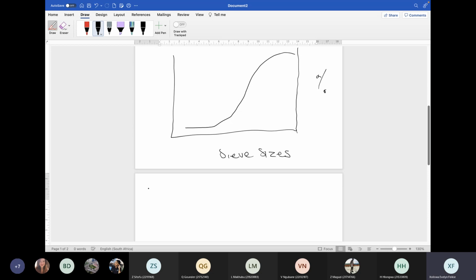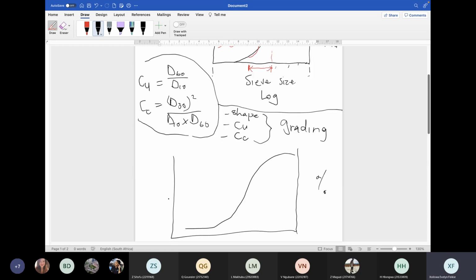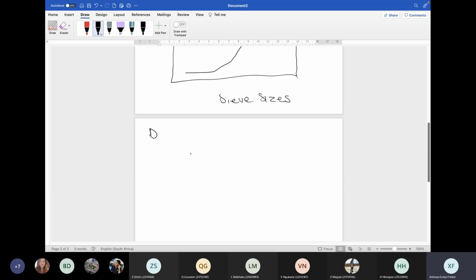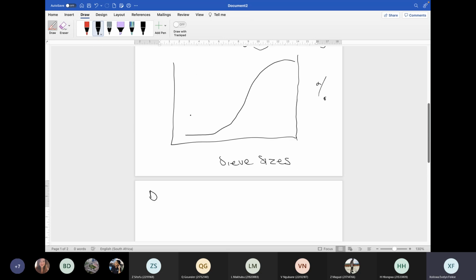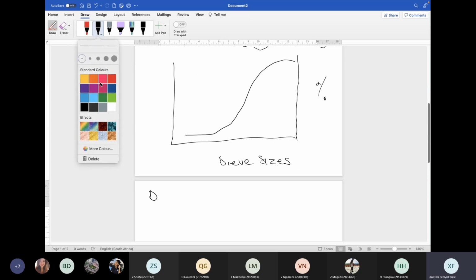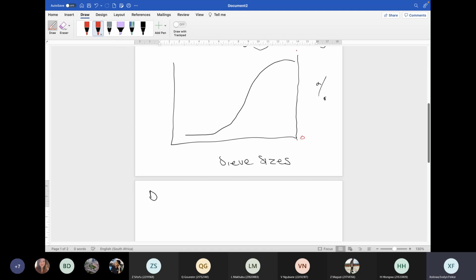In the formulas for Cu and Cc, they talk about D10, D30, and D60. What are those? When we're talking about D10, D30, and D60, we're speaking about this. So this will be 0 in terms of percentage, and this will be 100.